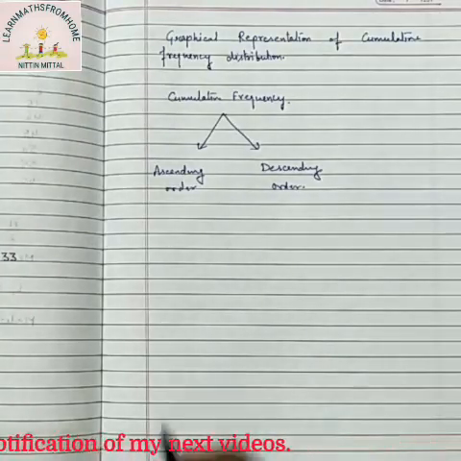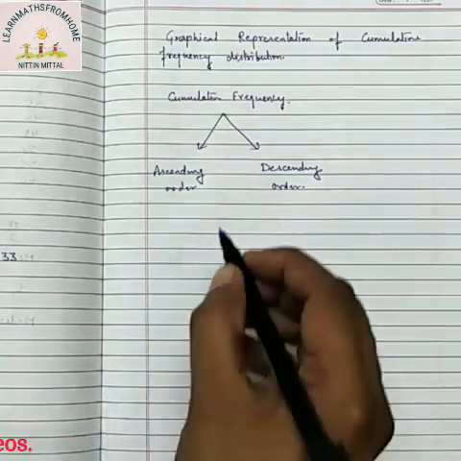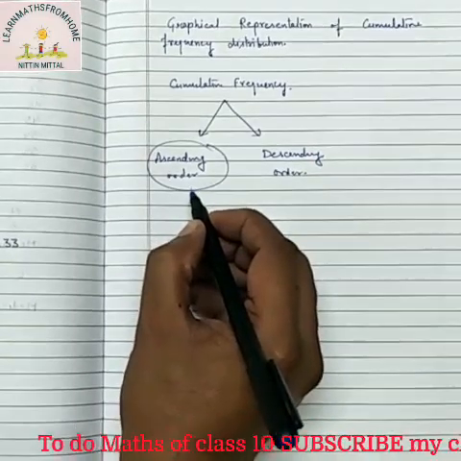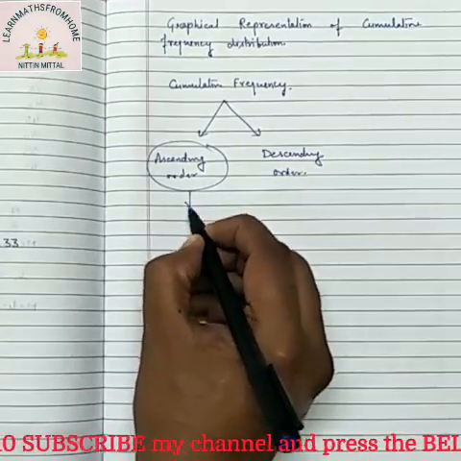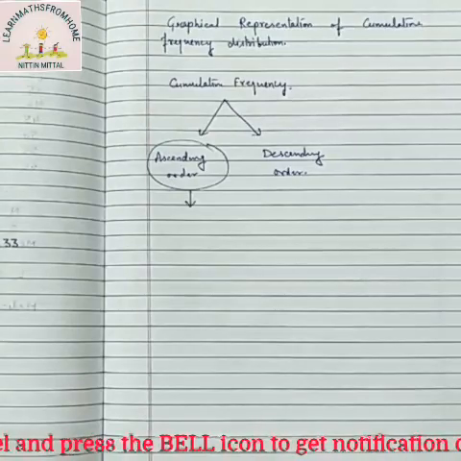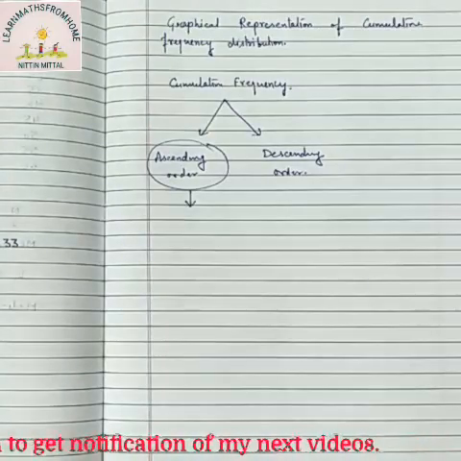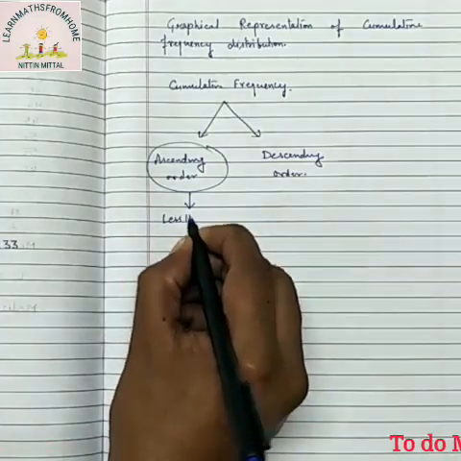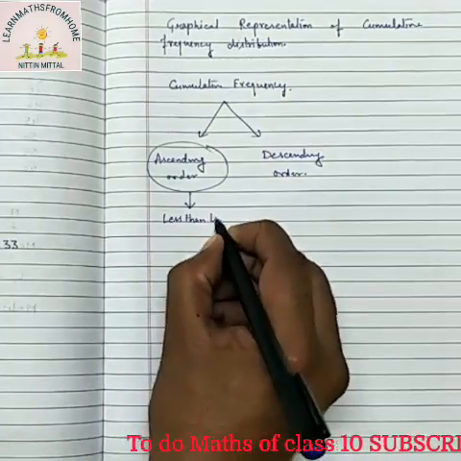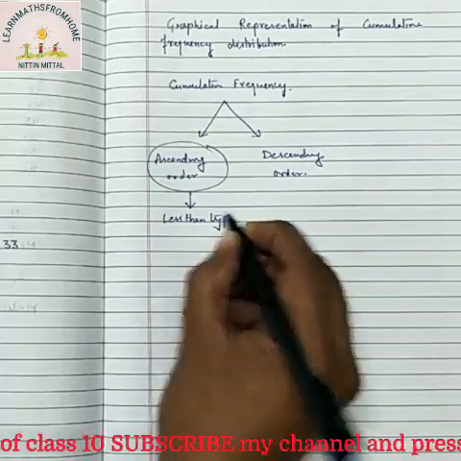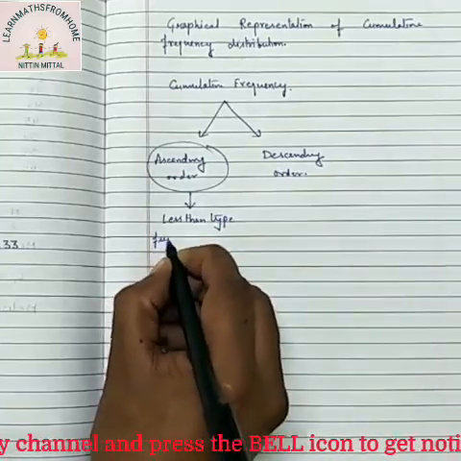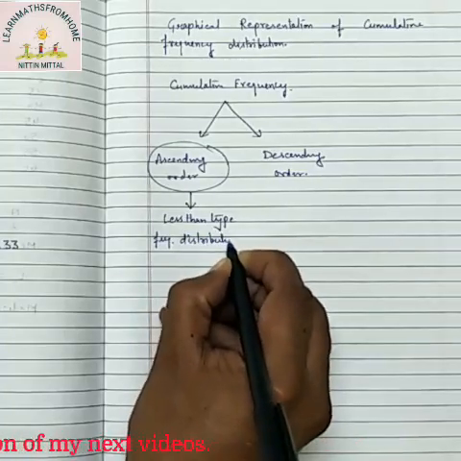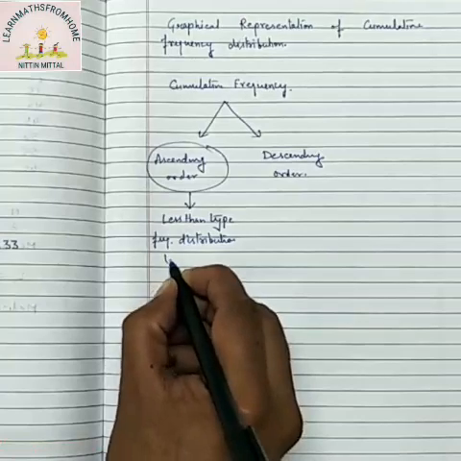The graph of cumulative frequency distribution in ascending order can be obtained by converting the given grouped data into less than type frequency distribution table.